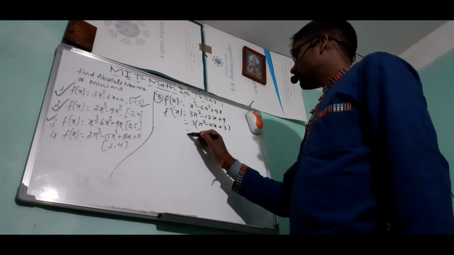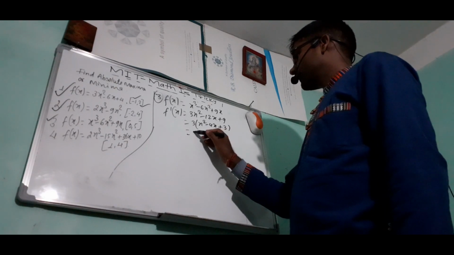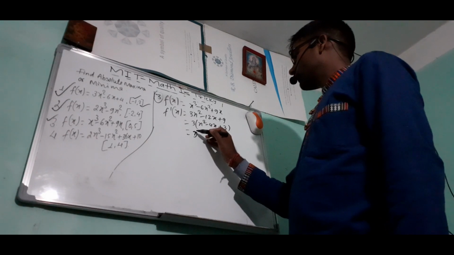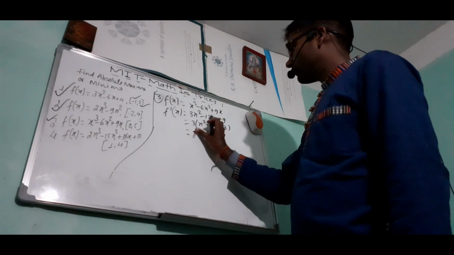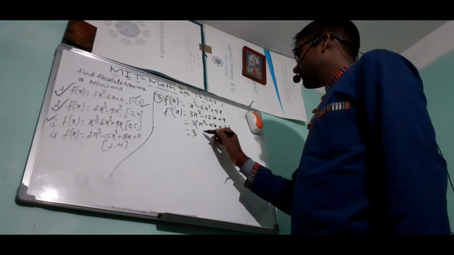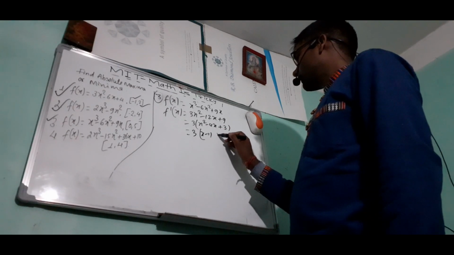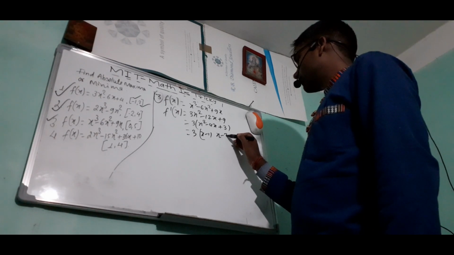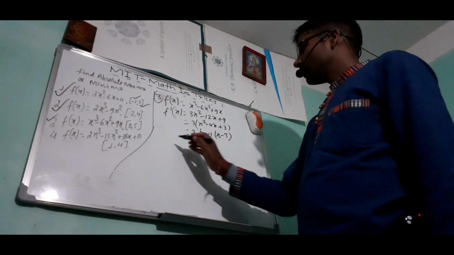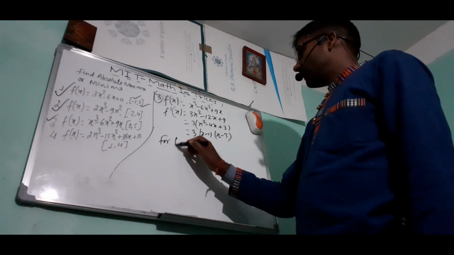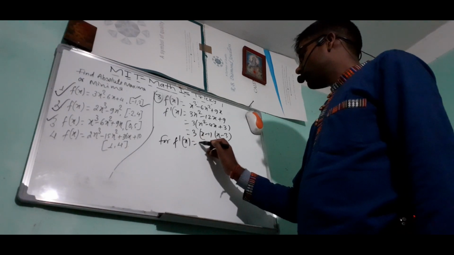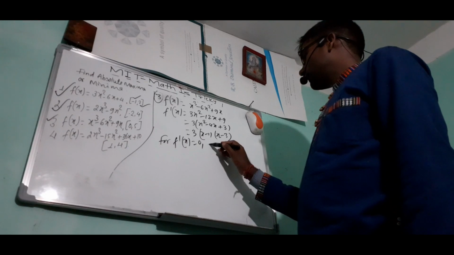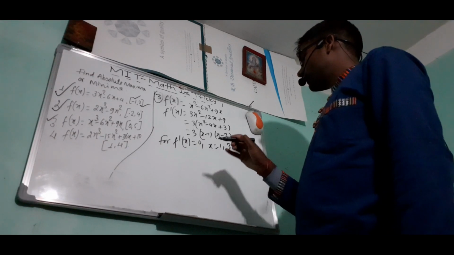So we can factorize this: 3 times x minus 1, x minus 3. Okay, so for f dash x equals 0, we'll be getting here x equals 1 and 3.